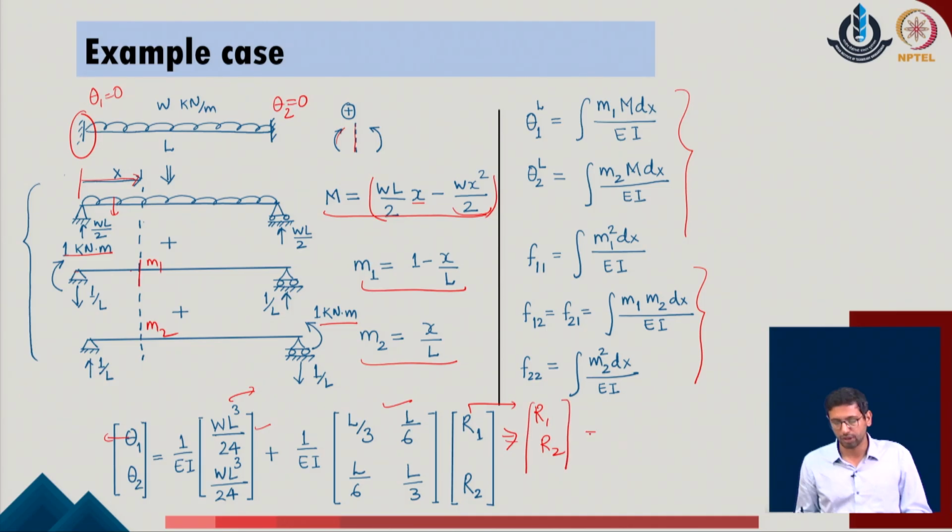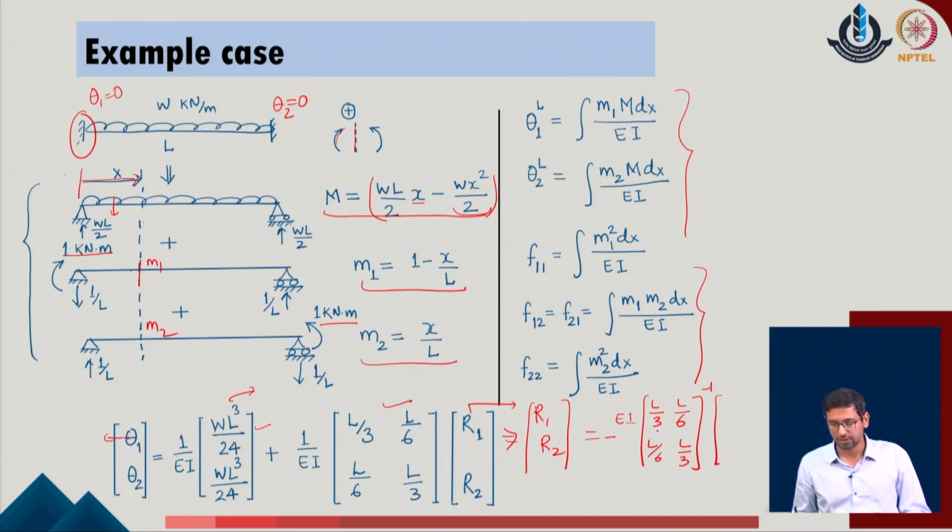R1 and R2 can be evaluated as the inverse of this given matrix multiplied with the terms of this given system, and once we take the system to the opposite side, it will come with the negative sign.